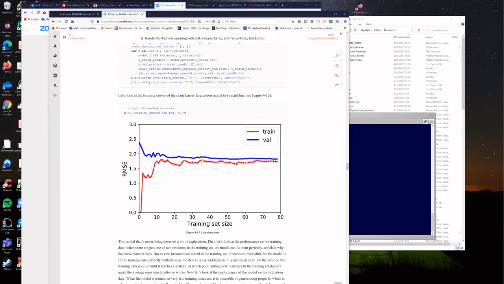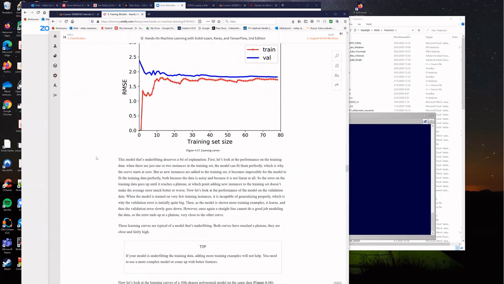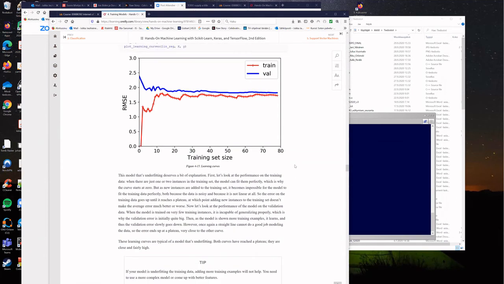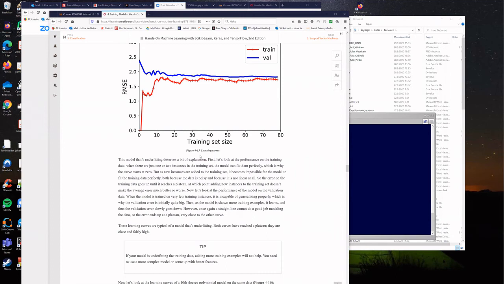When you increase the set size, in this case, it is said that this model is underfitting. Why is it underfitting? Because this RMSE is too high, and the validation and training sets are close to each other.